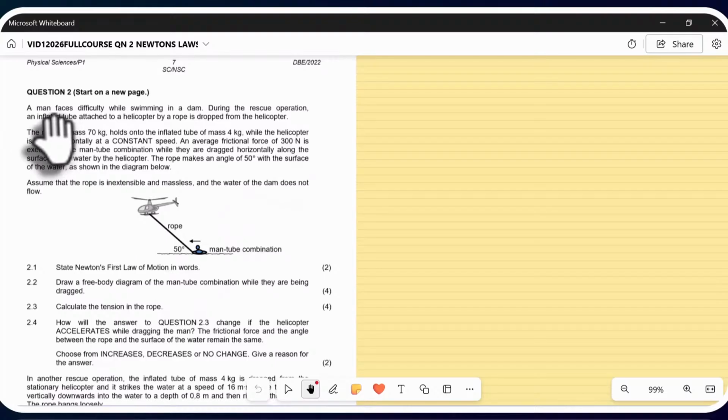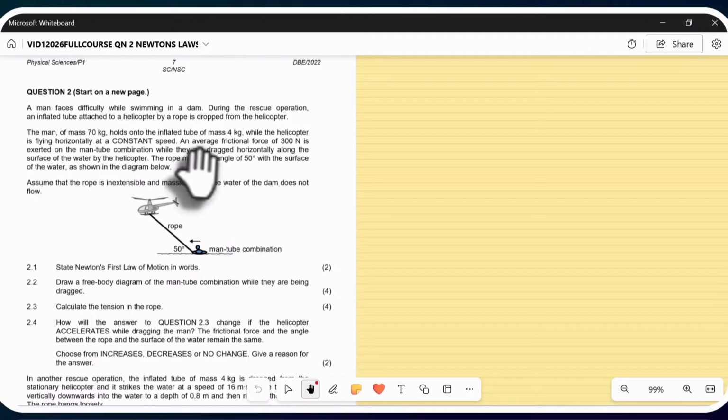One more time. A man faces difficulty while swimming in a dam during the rescue operation. An inflated tube attached to a helicopter by a rope is dropped from the helicopter. The man of mass 70 kg holds onto the inflated tube of mass 4 kilograms while the helicopter is flying horizontally at a constant speed.